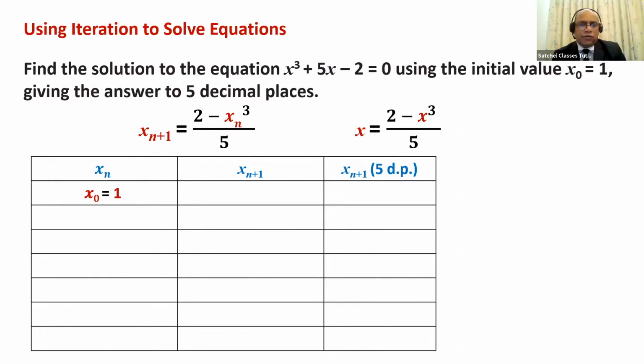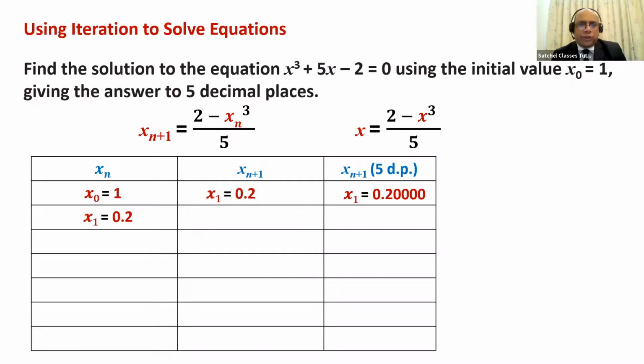So what will I get? 2 minus 1 cubed. 2 minus 1 cubed is 1, divided by 5 is 0.2. So x1 is 0.2, which when rounded to 5 decimal places is 0.20000. Now I'll substitute x1 in place of xn.